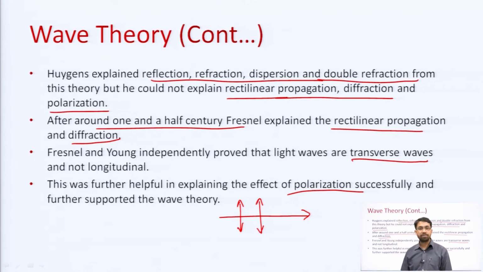This was further helpful in explaining the fact of polarization that was not explained earlier by Huygens. After around 1.5 century, almost all the scientists agreed that light is not a particle, it is a wave, and wave theory became much more popular than particle theory.